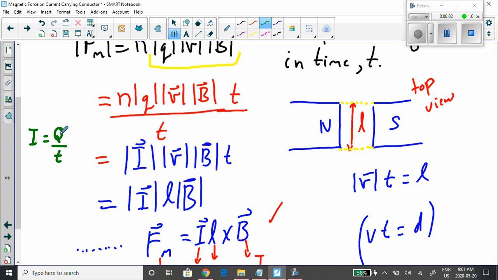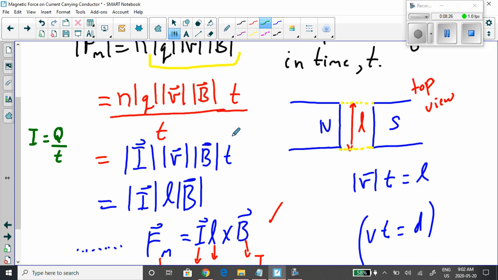Big Q is how much charge goes by. N times each individual q gives us that charge divided by time. And this whole term here, Nq over t, is the same as big Q over t, which is the current. So a couple of grade 11 concepts there. So Nq over t gives me I.